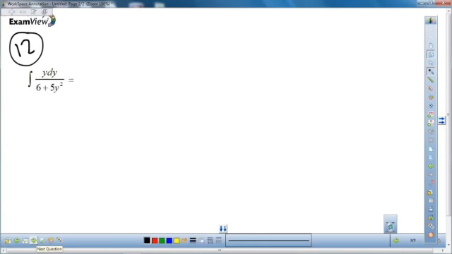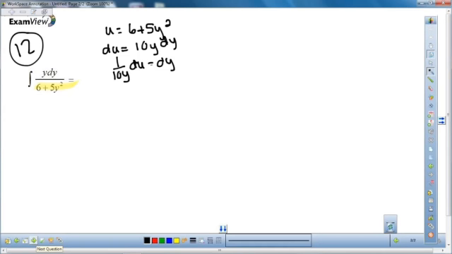For number 12, we're going to let u be the denominator. So du is going to be 10y dy. So 1 over 10y du is going to be dy. So substituting everything back, my y's are going to cancel.